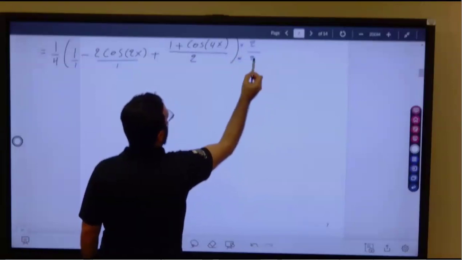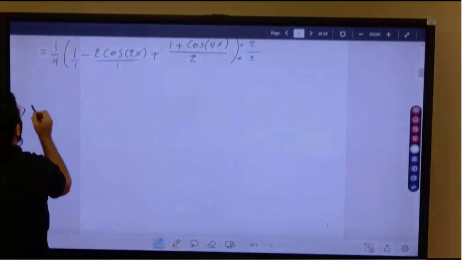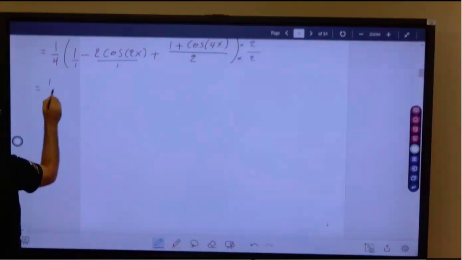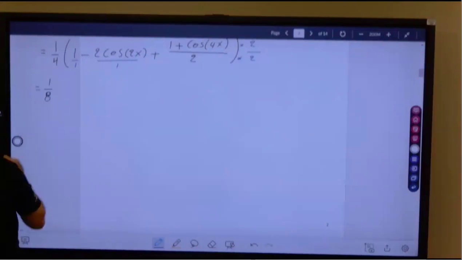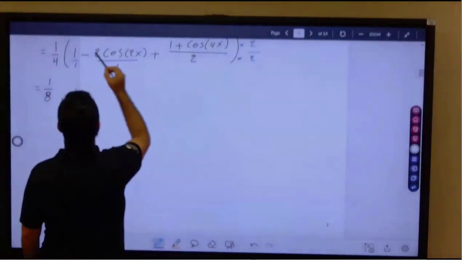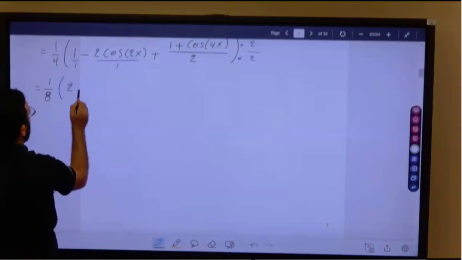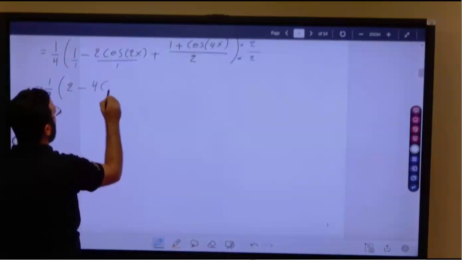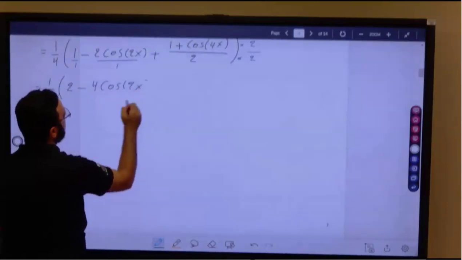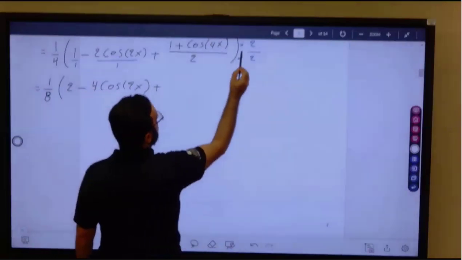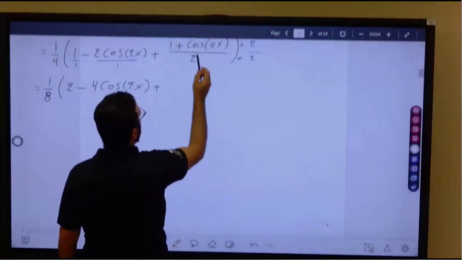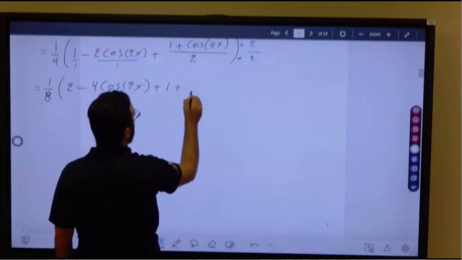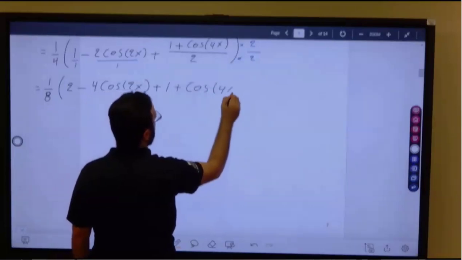2 divided by 2 is 1. 2 times 4 is going to be 8, so here is going to be 1/8. And 2 times 1 is going to be 2 minus 2 times 2 is going to be 4 cosine 2x plus, when you multiply 2 times here, you're going to cancel the 2 with the 2, so the left is 1 plus cosine 4x.